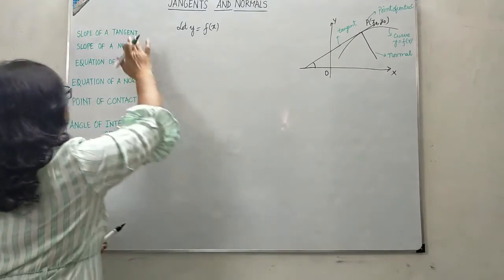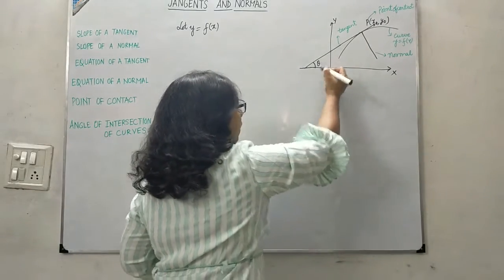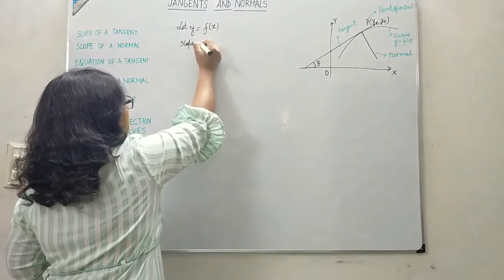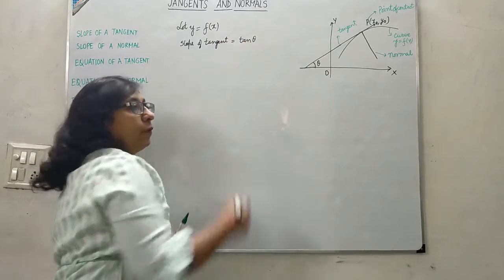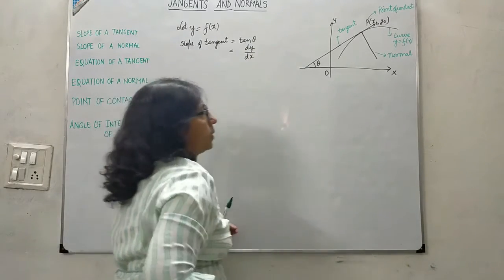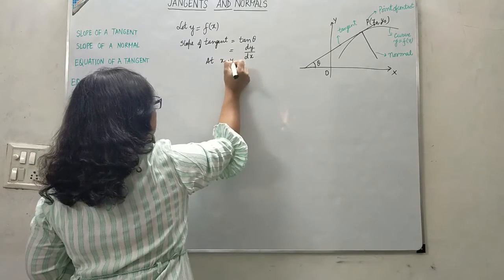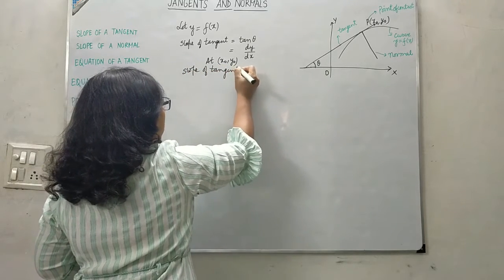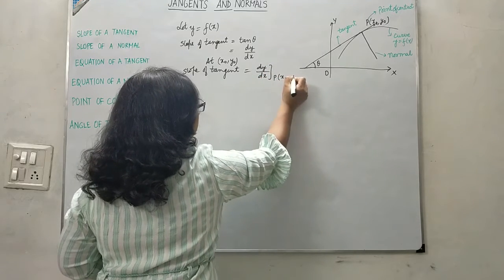Now, how to find the slope of a tangent? As this tangent line makes an angle, say theta, with the positive direction of x-axis, then slope of tangent will be tan theta. And we have studied in the differentiation part that this is given by dy by dx. Now, at a particular instant (x0, y0), slope of tangent will become dy by dx at this point, say (x0, y0).